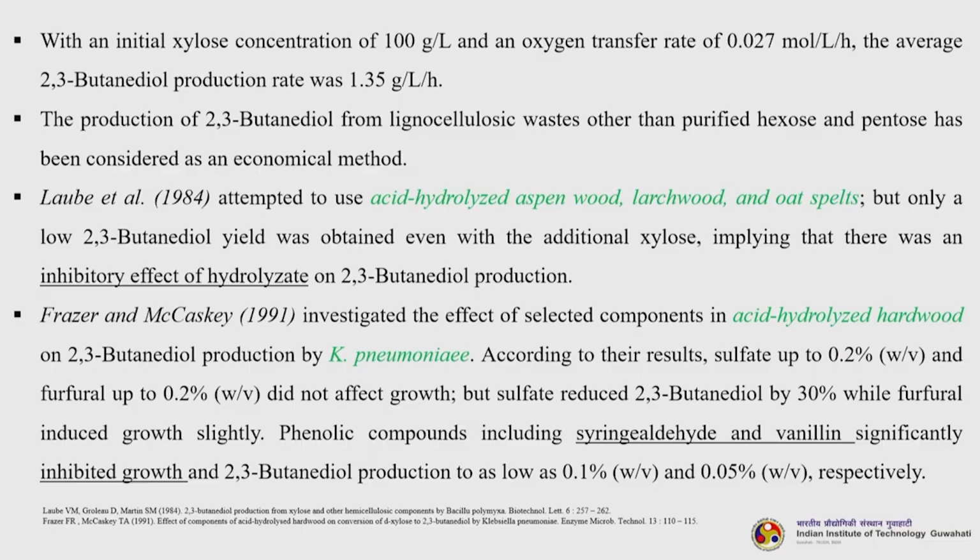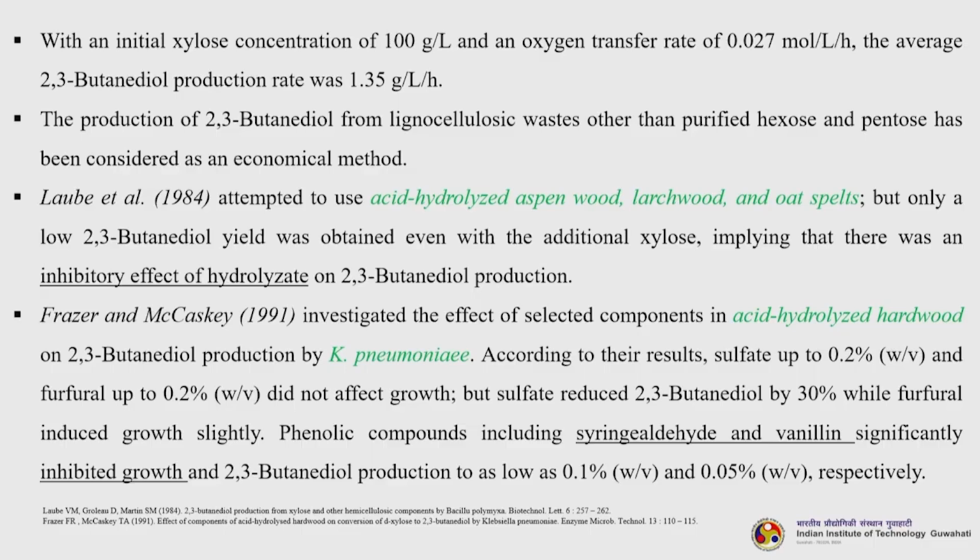Fraser and McKenzie investigated the effect of selected components in acid hydrolyzed hardwood on 2,3-butanediol production by the Klebsiella pneumoniae species. According to their results, sulphate up to 0.2% weight by volume and furfural up to 0.2% weight by volume did not affect growth, but sulphate reduced 2,3-butanediol by 30%, while furfural induced growth slightly.